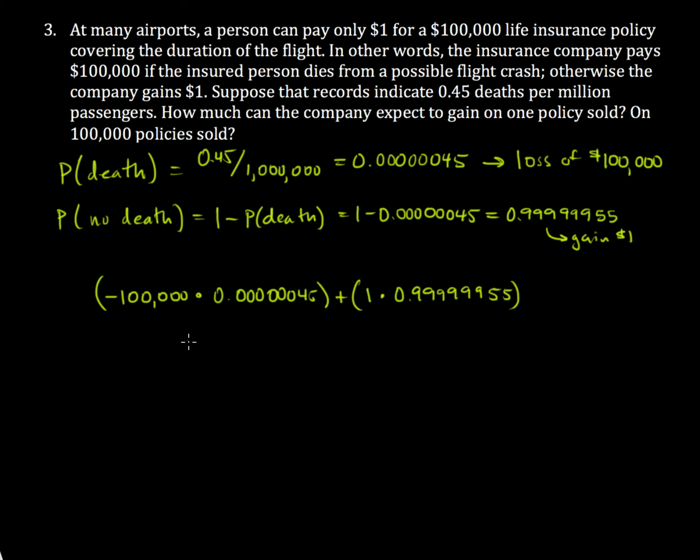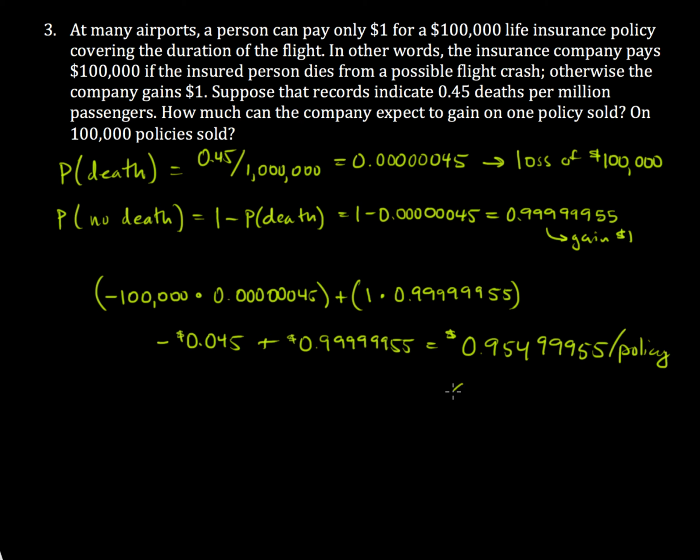And what this works out to is that this, when we multiply it out, should give us a loss of about 0.0045, but this turns into a gain of practically $1, but not quite $1, 0.9999955. So what this totals out to is that per policy, the airline stands to gain, and I think it comes out to, hopefully I got my math right here, 0.9954999955 per policy sold. So that's on one policy.